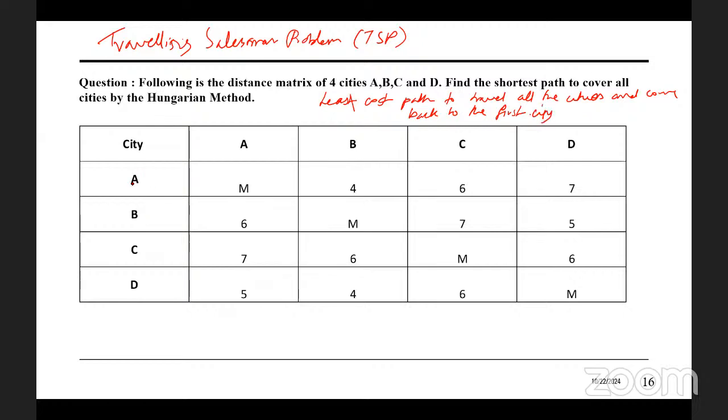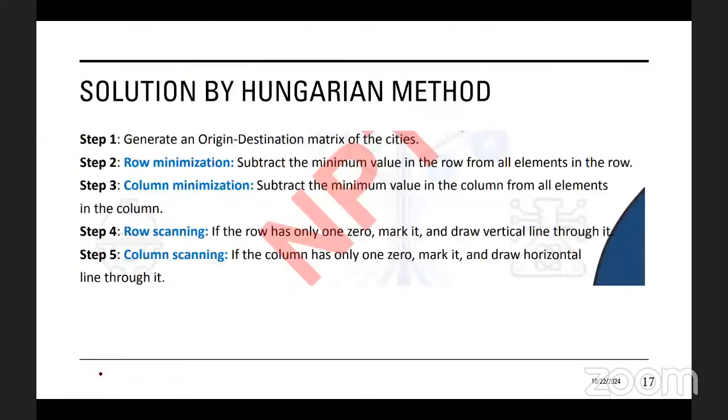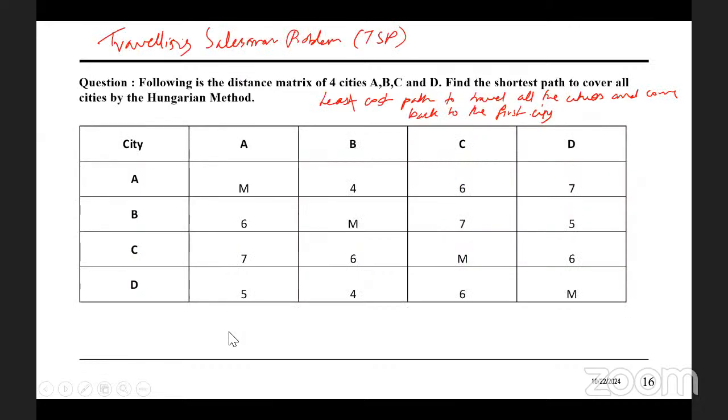So here we have four cities: A, B, C, D. Now, what the traveler has to do is traverse through all the cities and come back to the first city with the least cost path. These 4, 6, 7 are the distances or the cost from city A to city B is 4, A to city C is 6, like this.